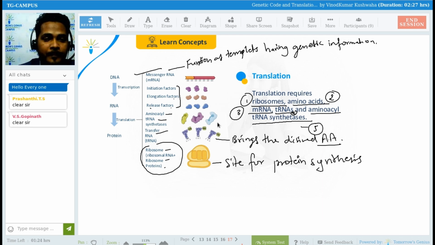Or you want me to write the full form? Okay, let me write the full form. So tRNA brings the desired amino acid, and this tRNA also reads the genetic information and places the amino acid in the proper place. That means whatever desired amino acid is brought by this tRNA is placed according to its proper placement. So basically the placement of the amino acid is proper.